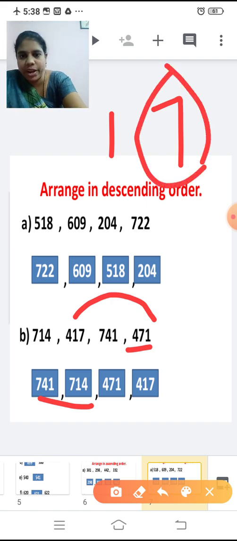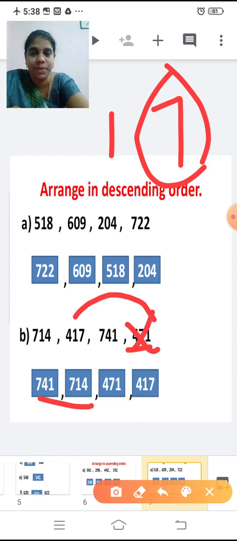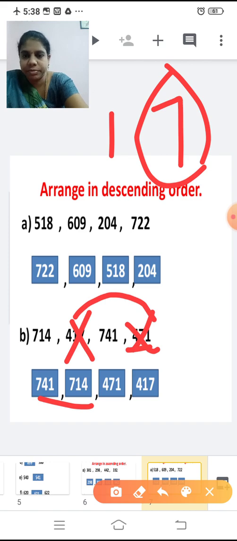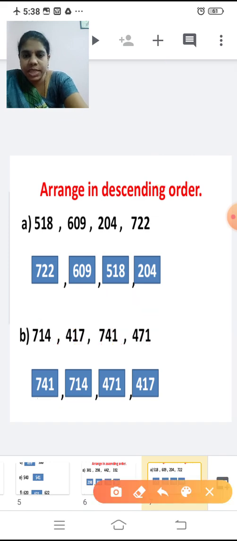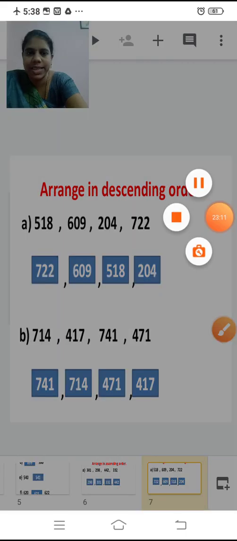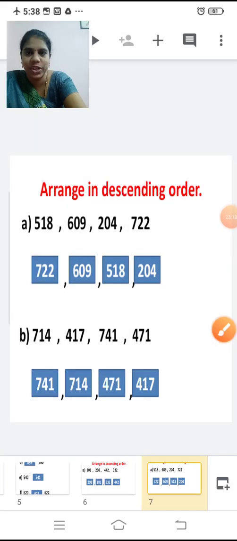So 471 is bigger. Then at last 417. So first 741, 714, 471, 417. So you all know how to write the numbers in ascending and descending order, isn't it, children?